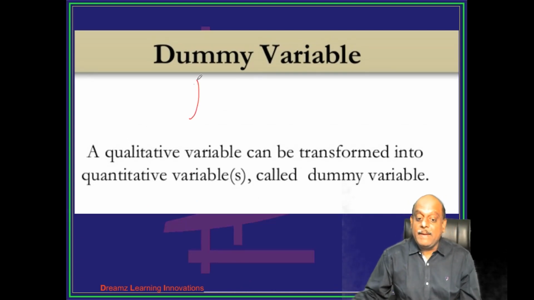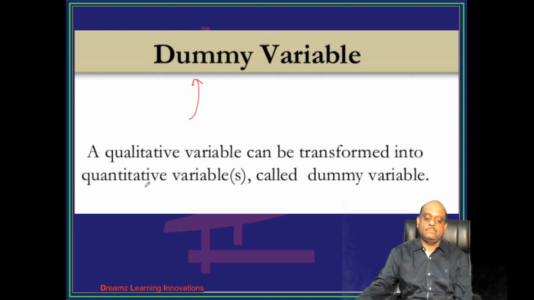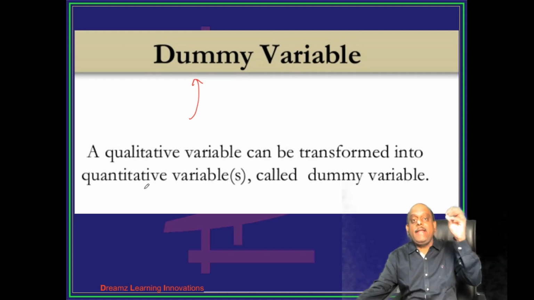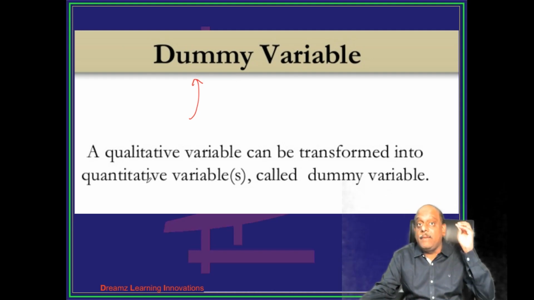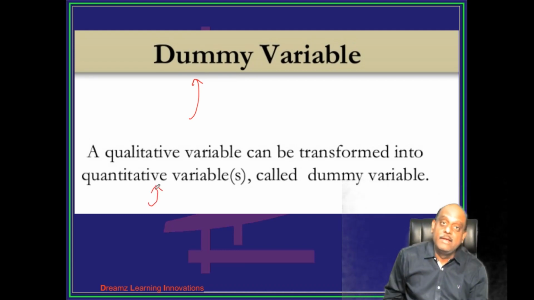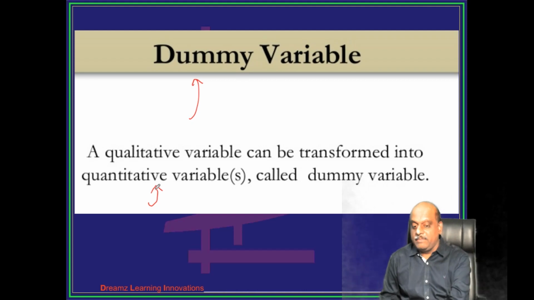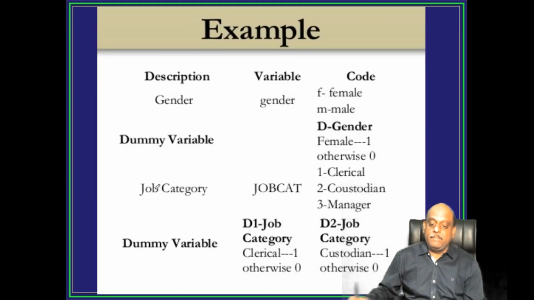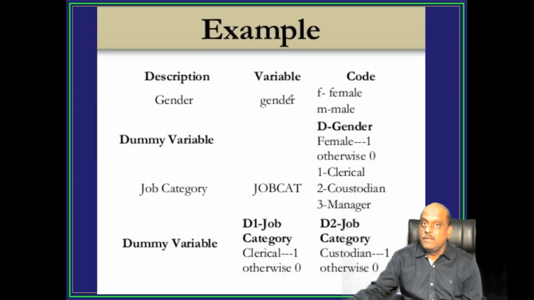Now what is meant by dummy variable? A qualitative variable that at any point of time you can convert into a quantitative variable, this is called a dummy variable. For example, gender is a dummy variable.